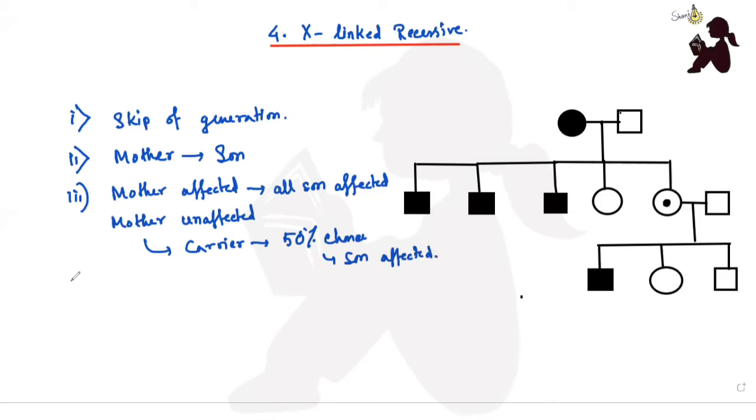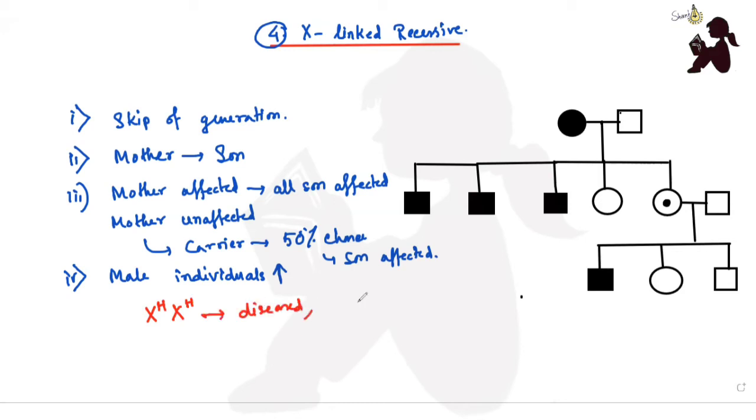And in this type of X-linked recessive condition, we can see that male individuals are affected in high number. For the female, XHXH will be diseased.